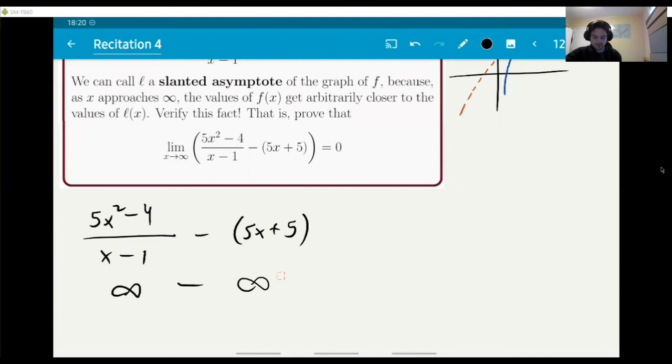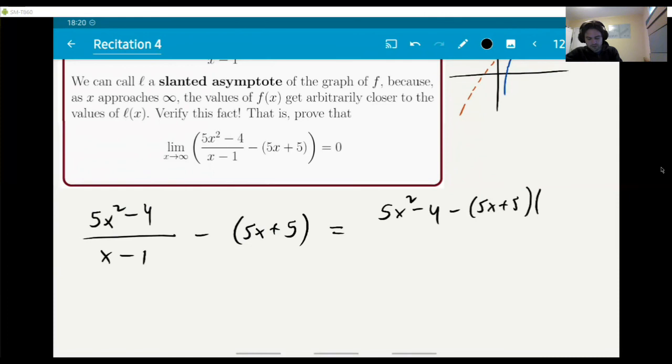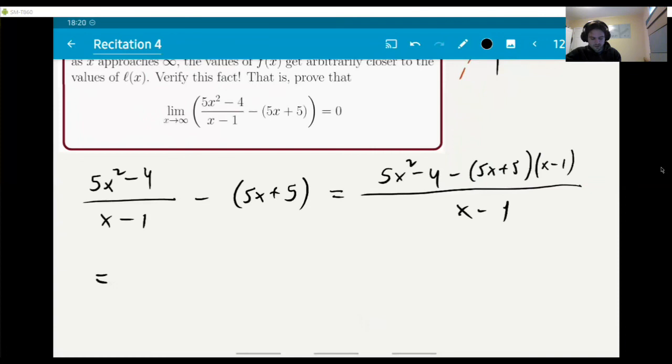You cannot say this is equal to 0 and that's it. No. What you have to do is transform this whole thing into one expression. In other words, I'm going to take a common denominator. Multiply this out to 5x plus 5 times x minus 1. Just checking the signs here.